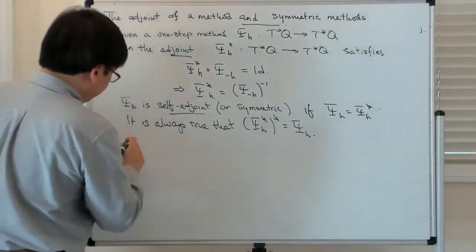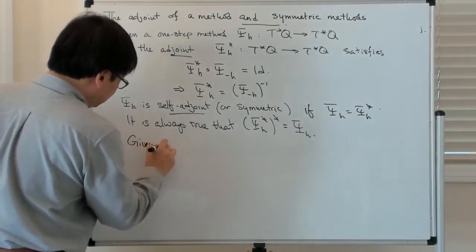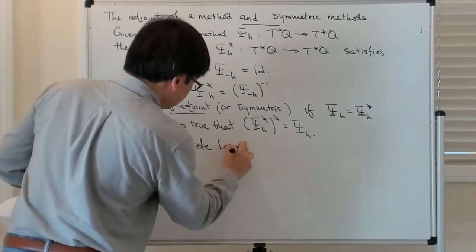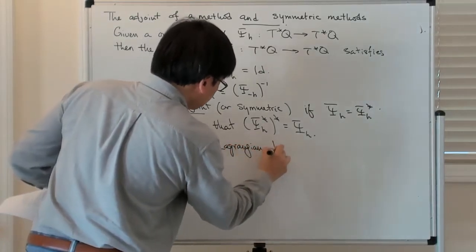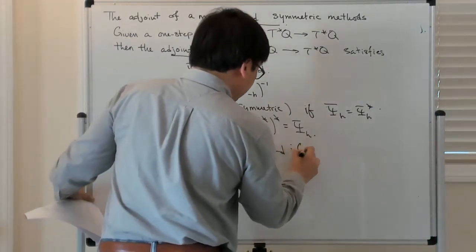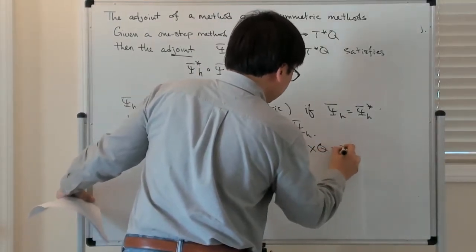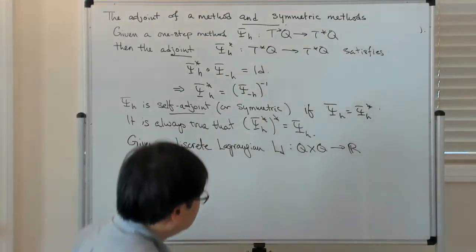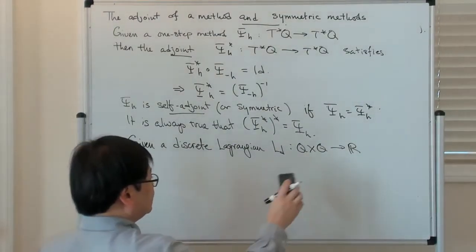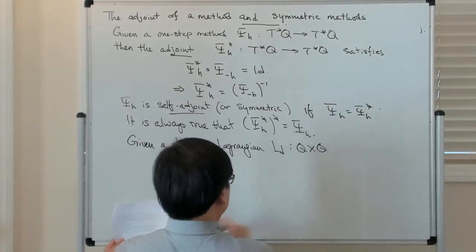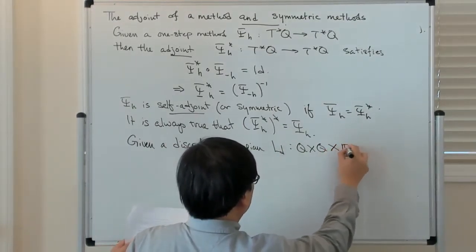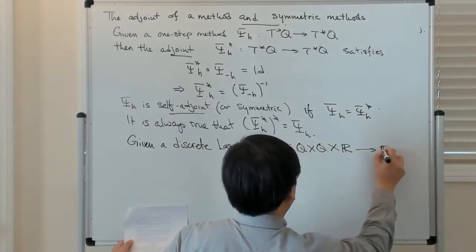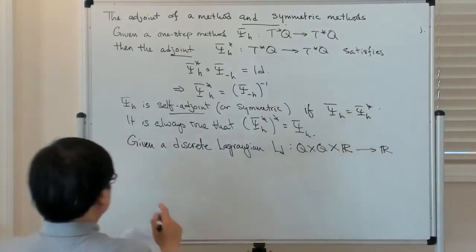So if you're given a discrete Lagrangian, LD, which is a map from two copies of the configuration space to the reals. Well, I should think of it in an extended sense and also include the time step here. So two copies of the configuration space and the time step, to the reals.